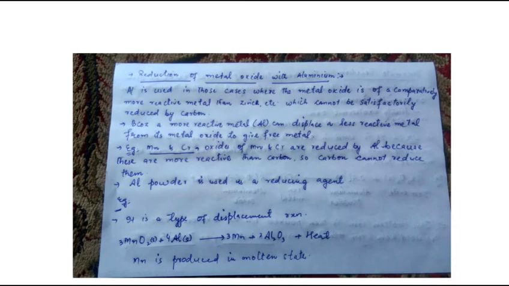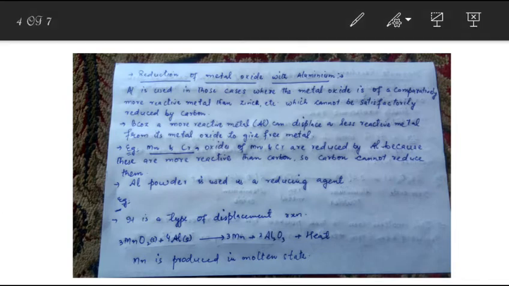Second example of a moderately reactive metal is iron, or the reduction of a metal with aluminium. In the last two processes we studied the reduction of metal by carbon, but carbon does not reduce all the metals.